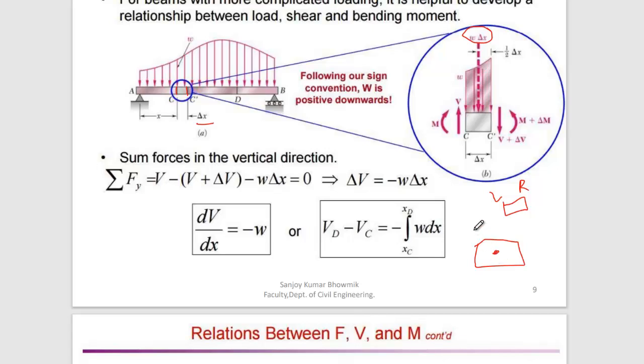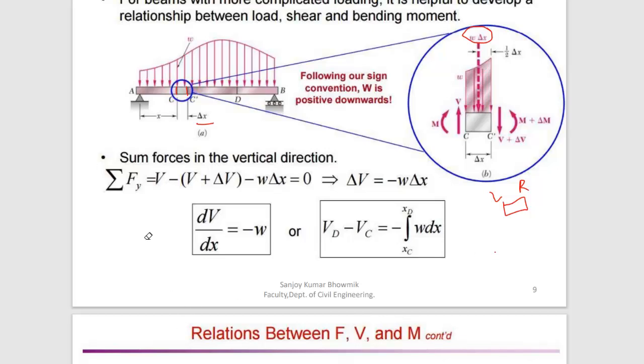If you have a uniformly distributed load, all the load passes through the center, so you need to consider the total amount of load. If this is W and this is L, the total load is W into L. So this is the situation.